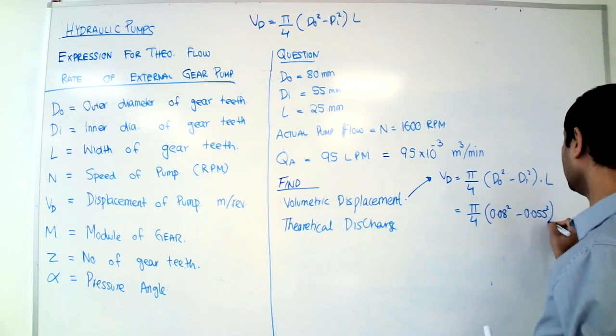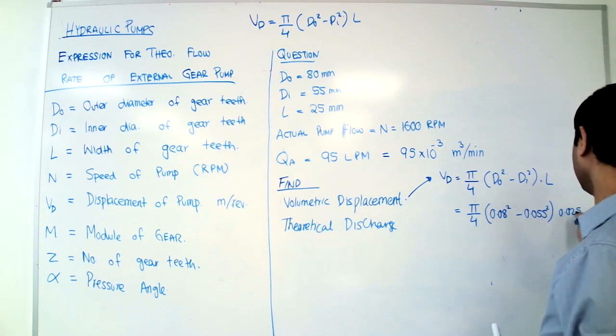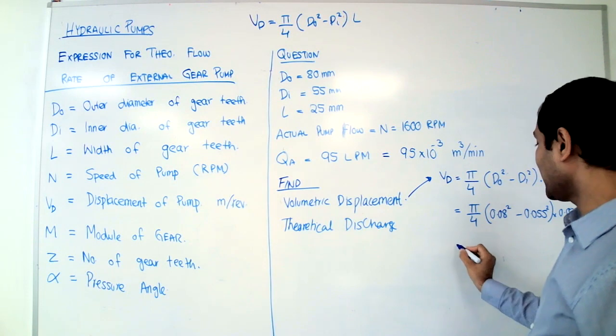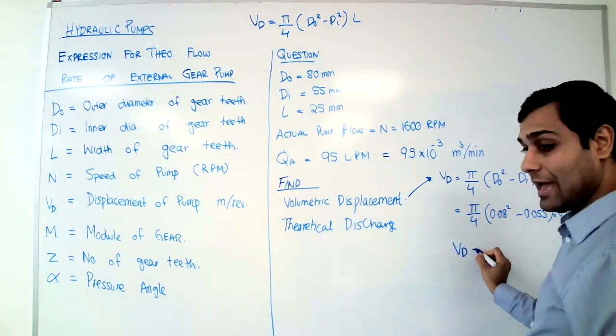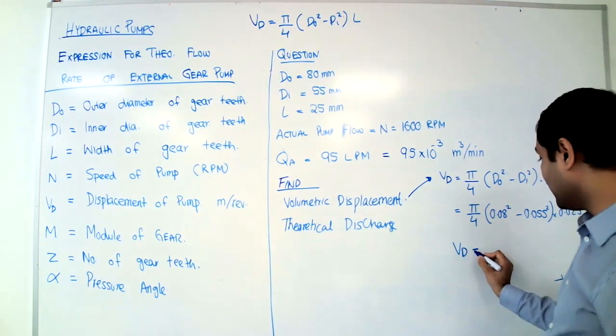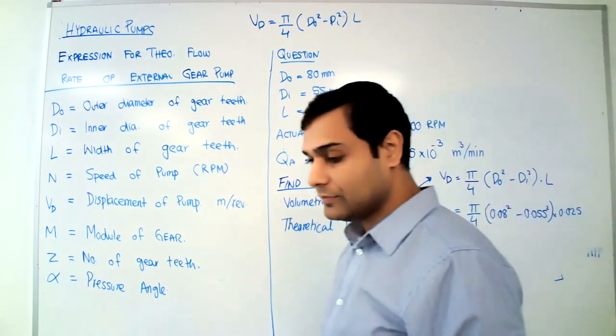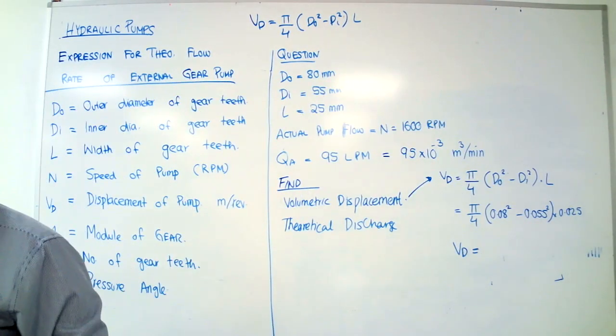I'm converting that into meters. And L is 0.025. So put that in the calculator and you will have a value of the VD. Anyone got the value of the VD?